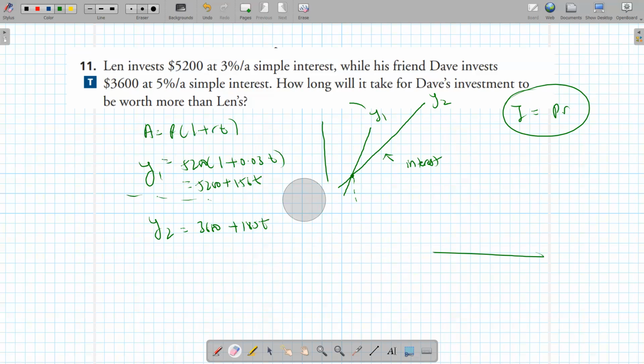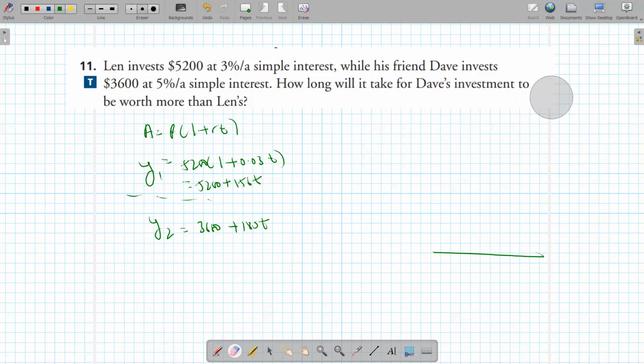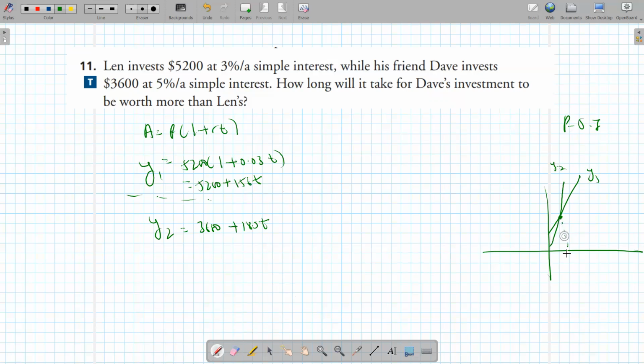We have these two equations. Now we're trying to find the point of intersection between these two. Remember that? POI, point of intersection. How do we find that between two lines given their equations? We know one of them is going up like that, but the other one's spiking even harder. This one is Y1, this one's Y2. How do we find this point? You just equate them to one another, okay?